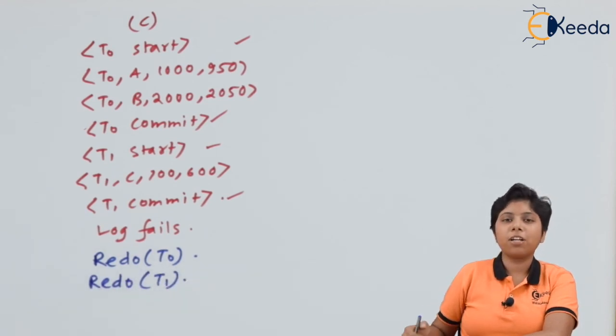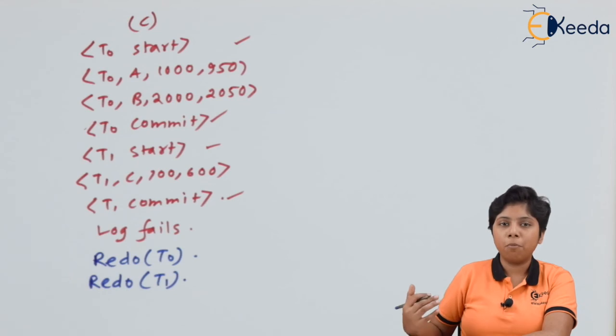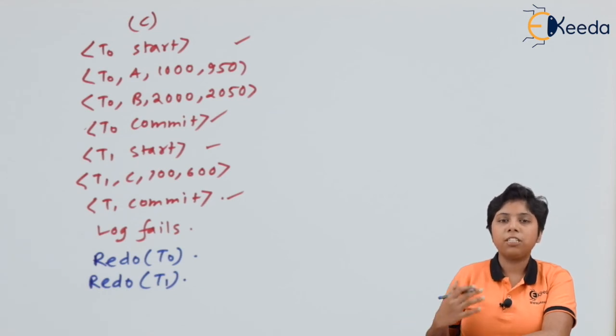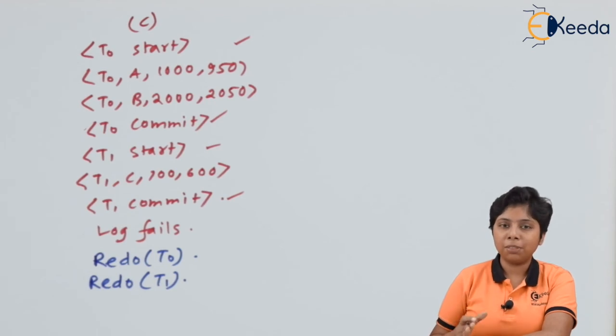So even if the log cannot proceed further, or there are more transactions inside the log which are failing, aborting or committing, we can have the updated value in the database modified with the updates that we can perform in these transactions.